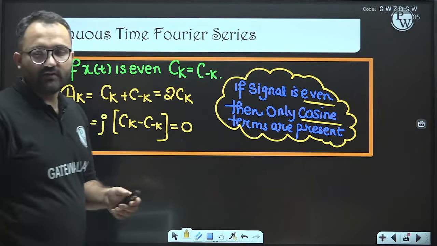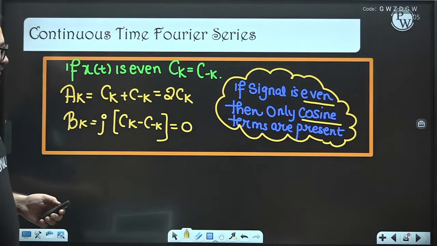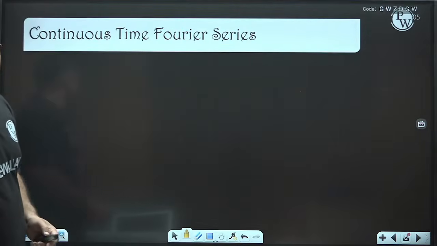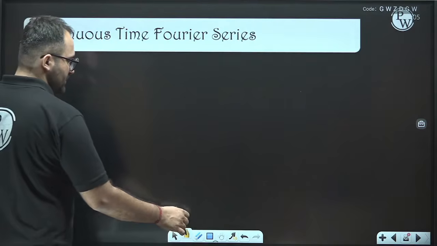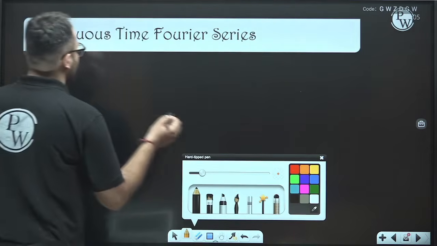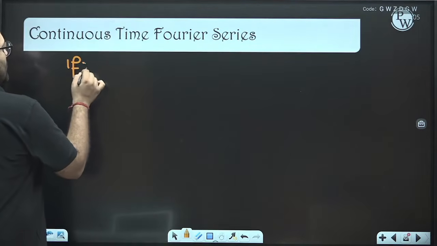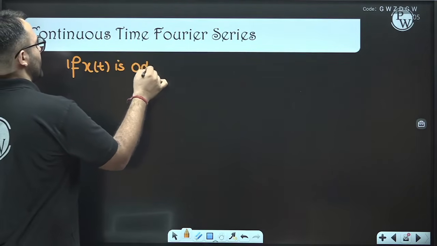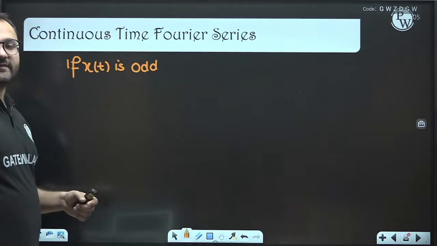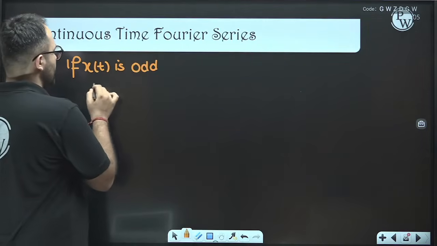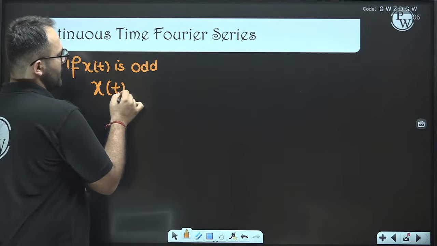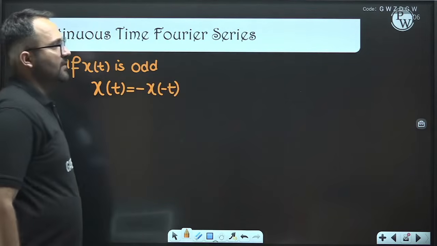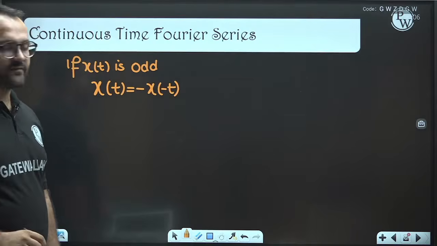Now similarly we have for the odd signal also. From this property we can say that if xt is odd, then xt is equal to minus times x of minus t.